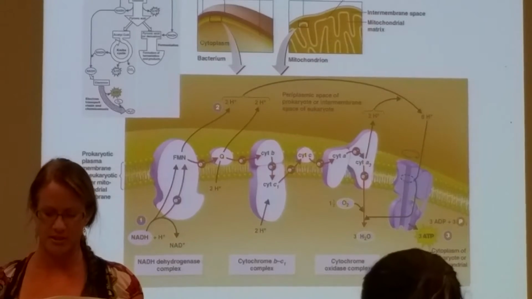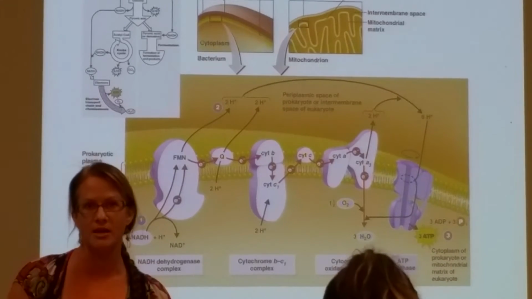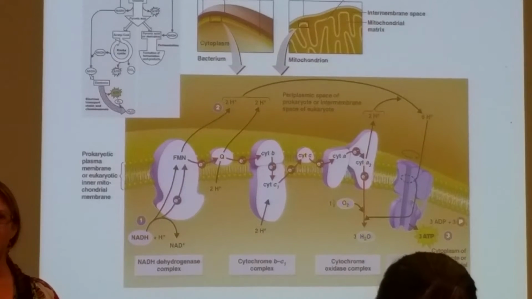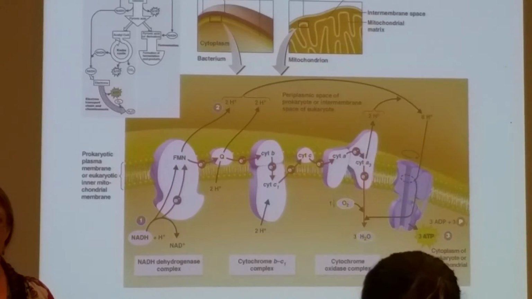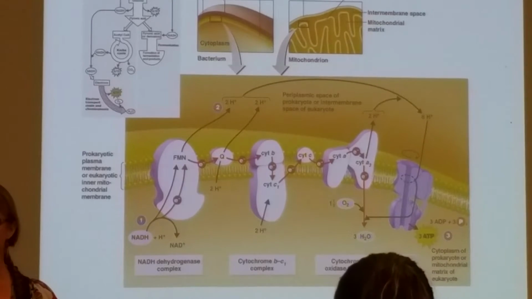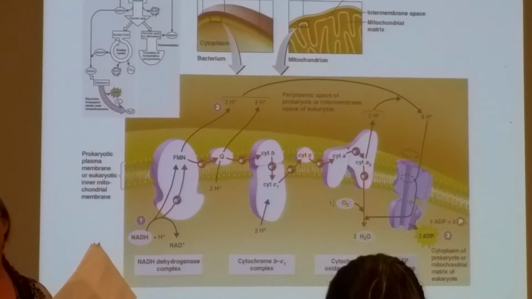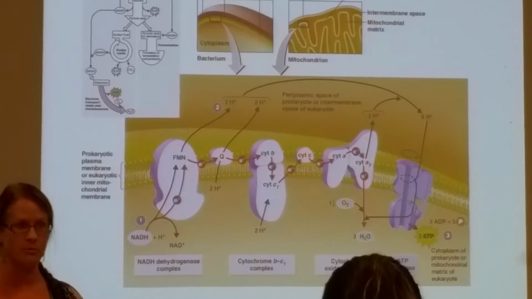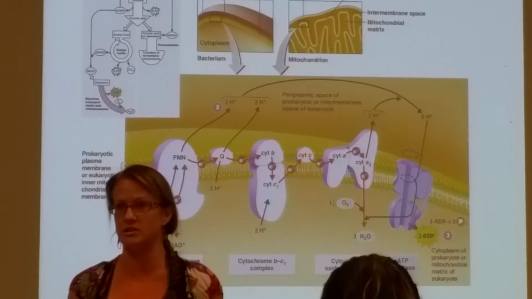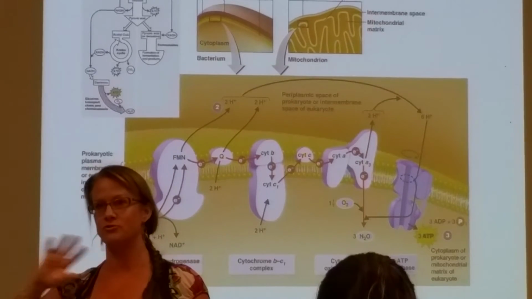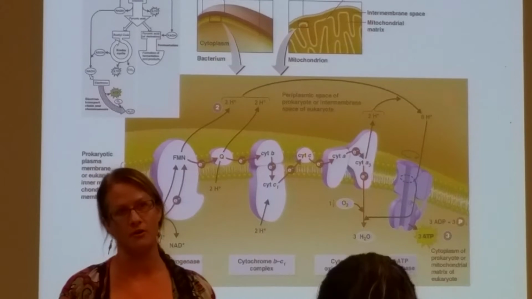So what they do is, like I said, that NAD plus has to be regenerated. If they do glycolysis and they've got all this NADH built up, and they're not going into the ETS to regenerate the NAD plus, you have to regenerate the NAD plus somewhere, or the whole cell will just die and break down, because it can't continue metabolism if it can't drop those protons and electrons off somewhere.